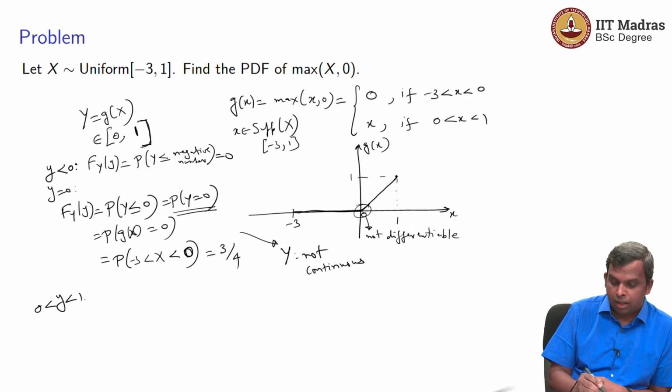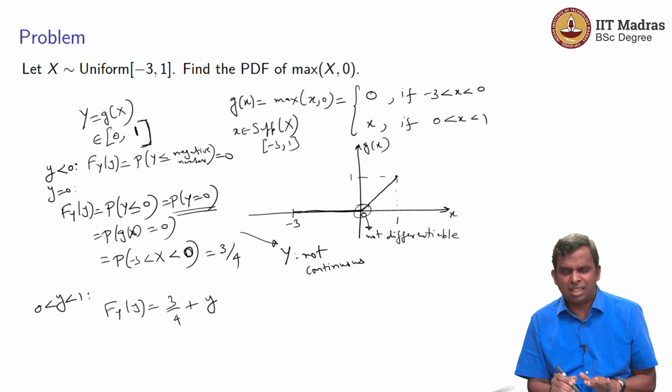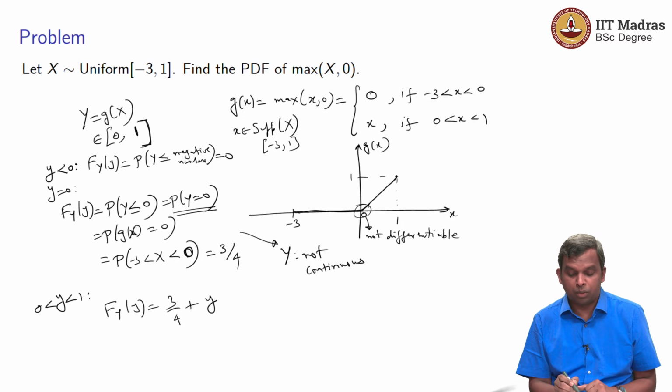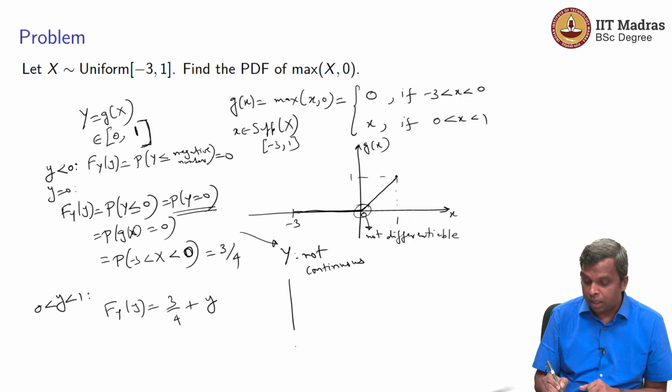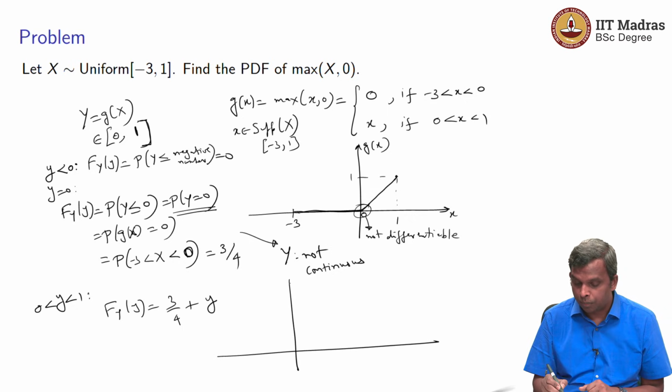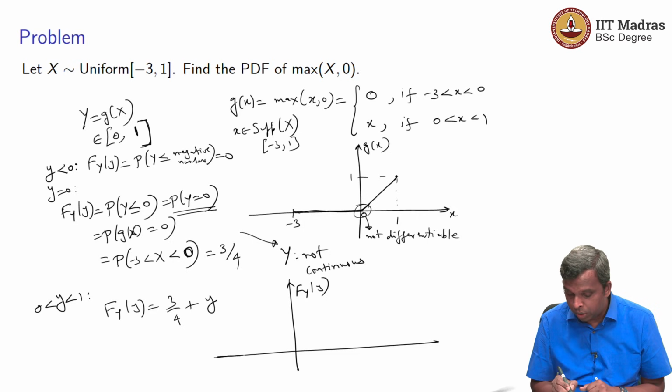You can evaluate Fy of y. You will get 3 by 4 plus y. I'll leave this as an exercise. You can check that it is 3 by 4 plus y. So if you were to plot Fy of y, you get 0 here, and then there is a jump to 3 by 4.